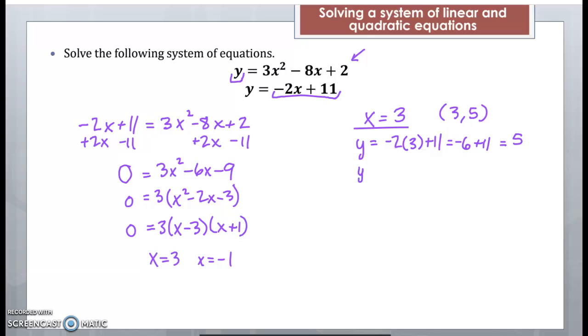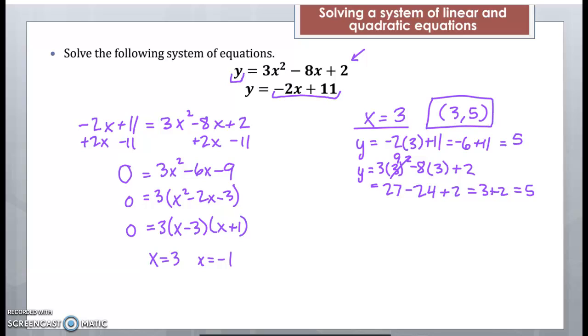So we would say y equals 3 times 3 squared minus 8 times 3 plus 2, which is 3 times 9, or 27, minus 24, plus 2, which is 3 plus 2, which is 5. So that confirms, or is more evidence, that this point (3, 5) is one of our solutions.